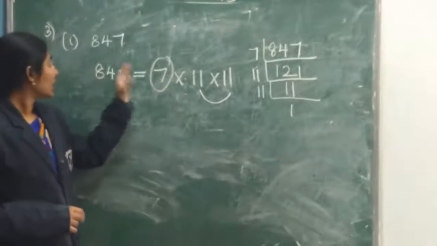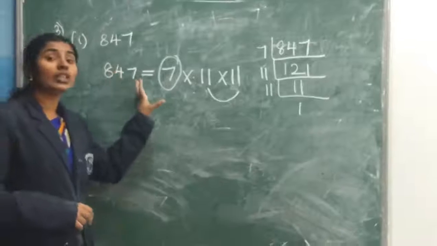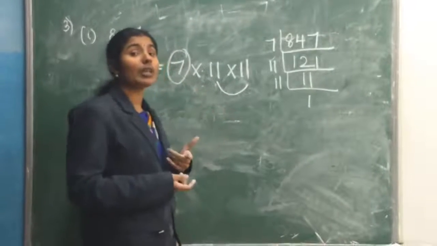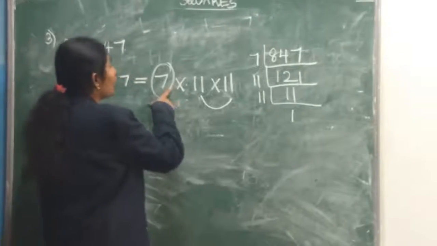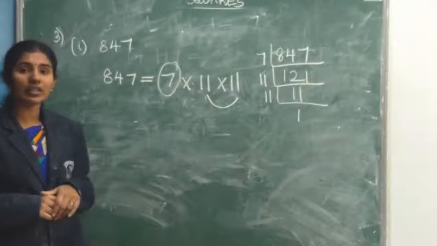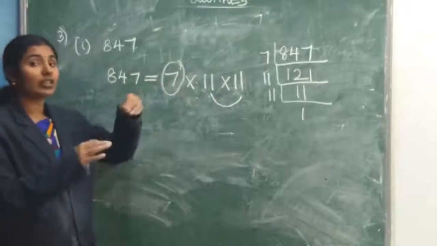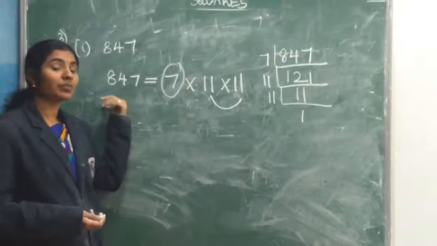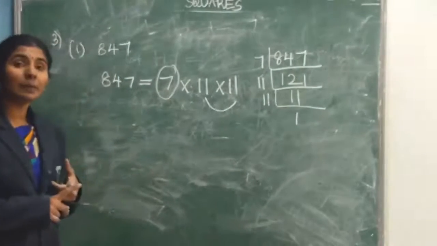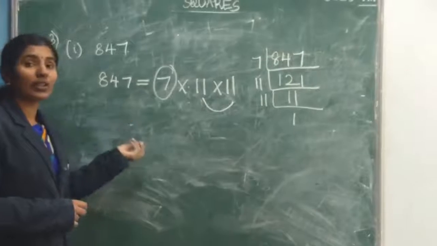That means 847 is not a perfect square. So how to make it a perfect square? If one more 7 is there, you can say that number is a perfect square.